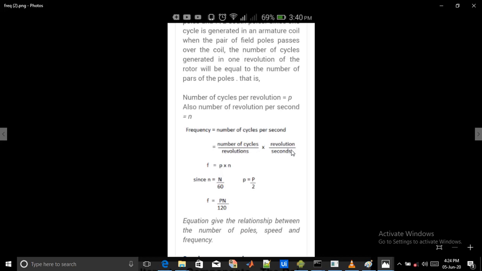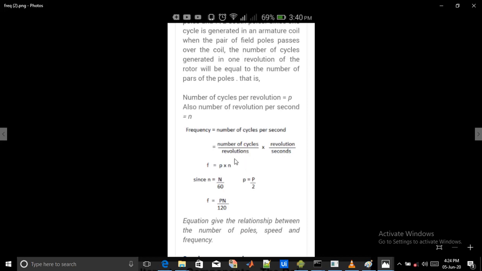So revolution per second. This should not be new to mechanical students. Revolution per second. So now, in most cases, we consider revolution per minute, right? Revolution per minute. So this is why we have N divided by S. Now the standard measurement is in revolution per minute, that is RPM.